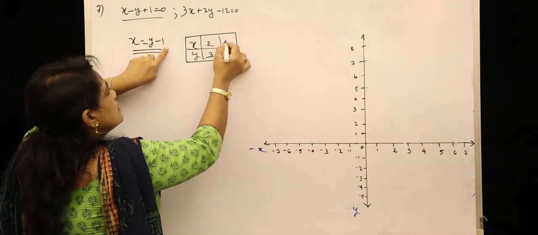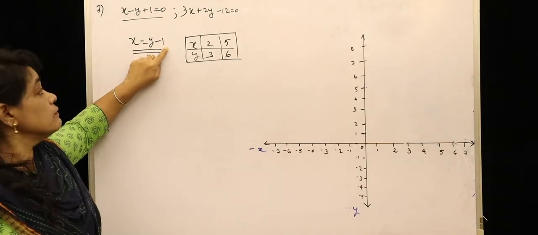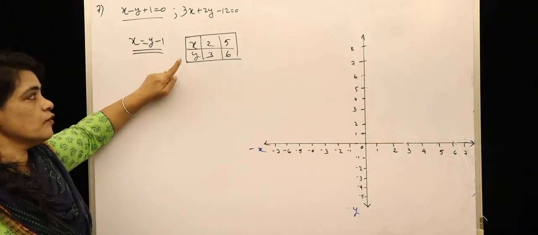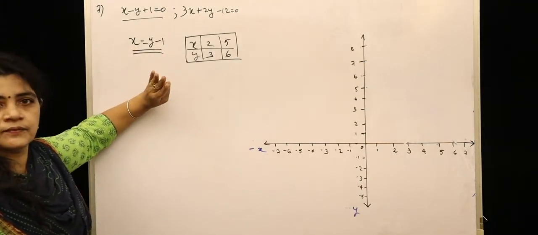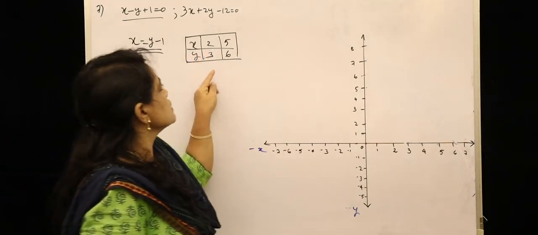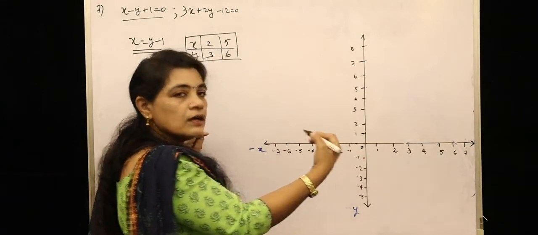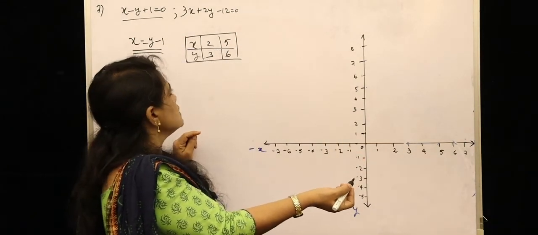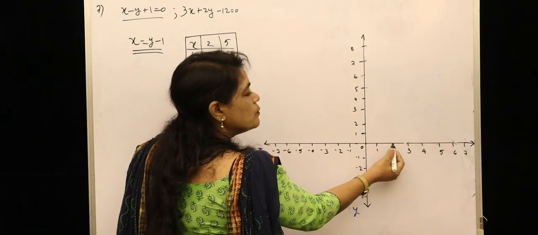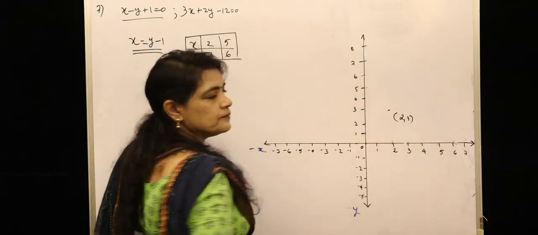So for y equal to 6, you will be getting x as 5. For these values we are going to plot the graph, that is 2, 3. Take 2 on the right side of 0, along the positive x-axis, and go up till 3, and this point represents 2, 3.